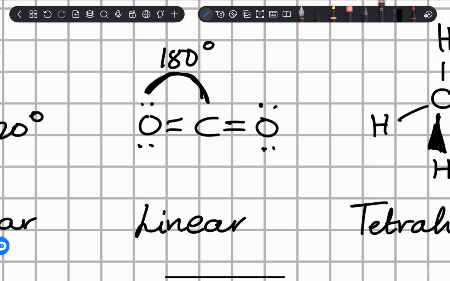That's a sort of trick that you can remember, such as ethene. It's symmetrical and it's planar. So the bond angle between the oxygen and the carbon, or even the oxygen and oxygen, would be 180 because it's very straight. It's a straight molecule. So we refer to the shape as linear. So linear molecules have 180 degrees bond angle.